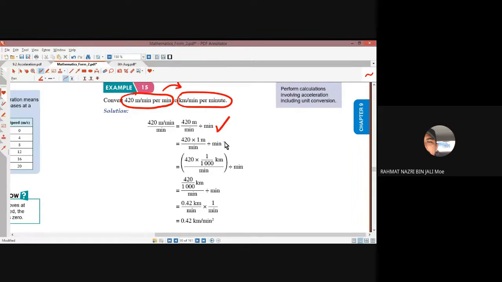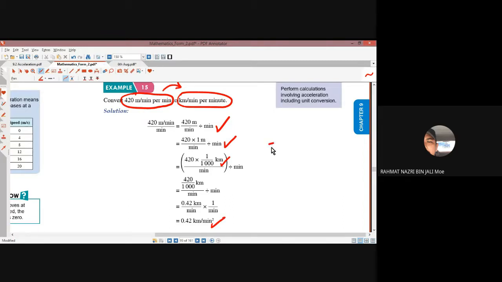Okay, and then multiply by 1 meter. So 1 meter is equal to 1 divided by 1000 kilometer. This part they change to kilometer. So divided by 1000. Ini stay maintain tadi. And then 420 divided by 1000. So we get 0.42. So ini maintain. Ini pun maintain. Dia cuma extend saja. Akan dapat macam ini.